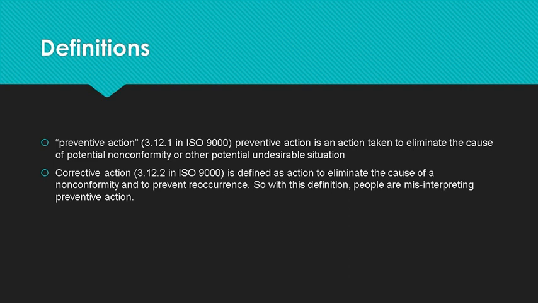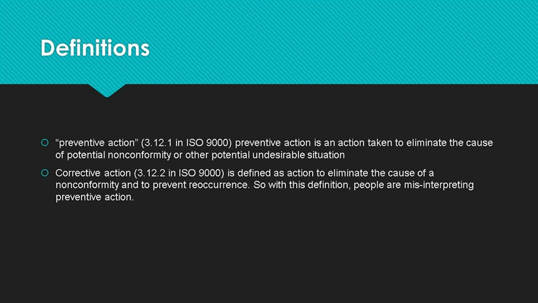Let's look at the definition of preventive action. It comes from ISO 9000, section 3.12.1. Preventive action is an action taken to eliminate the cause of potential nonconformity or other potential undesirable situations. Okay, pretty clear, right?